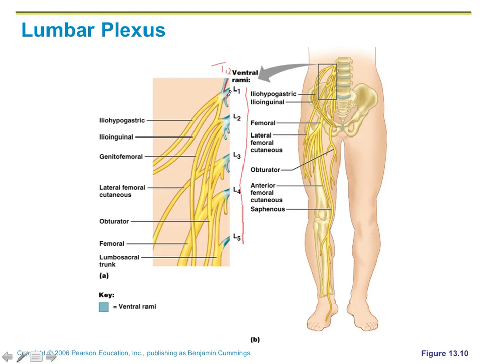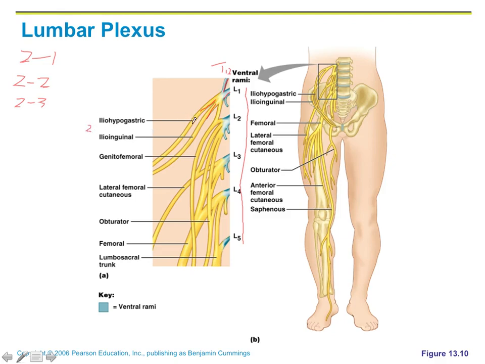We can memorize it as 2 for 1, 2 for 2, and 2 for 3. What does it mean? 2 for 1: L1 sends 2 branches, the iliohypogastric nerve and the ilioinguinal nerve.